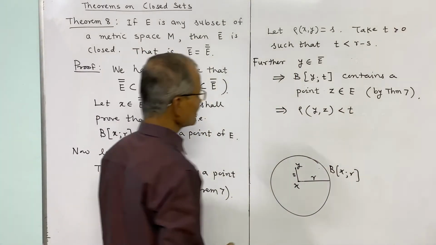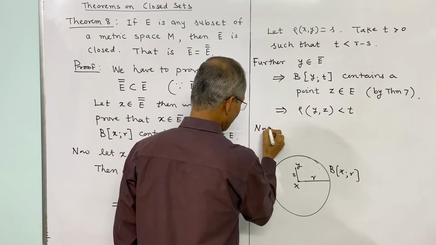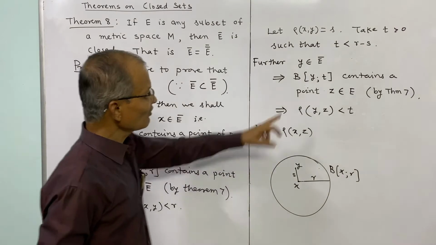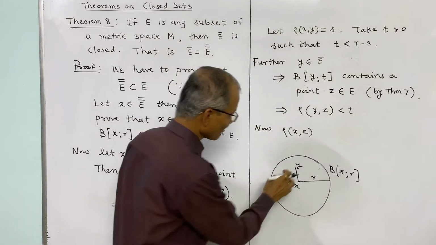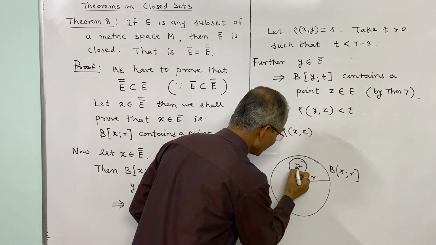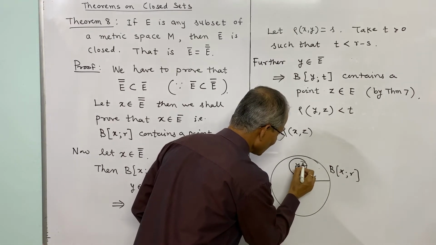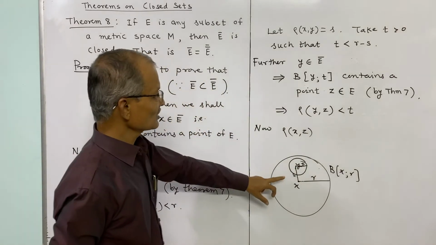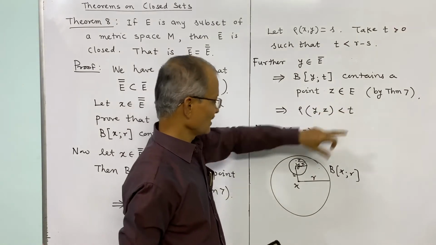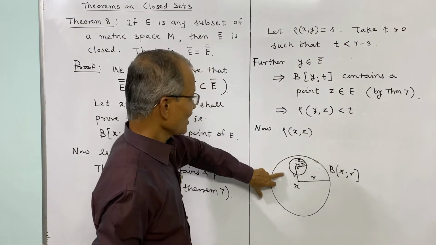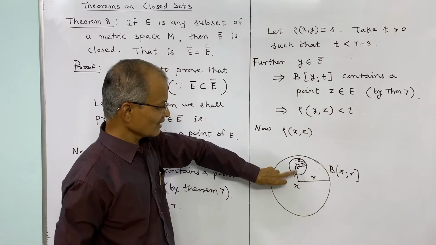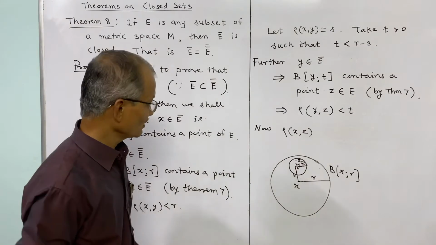Now what we shall consider is the distance between X and Z. Actually, what we have considered is an open ball around Y of radius T, and this contains a point Z, and Z is in E. Now we are considering the distance between X and Z. For that distance we will use the triangle inequality.